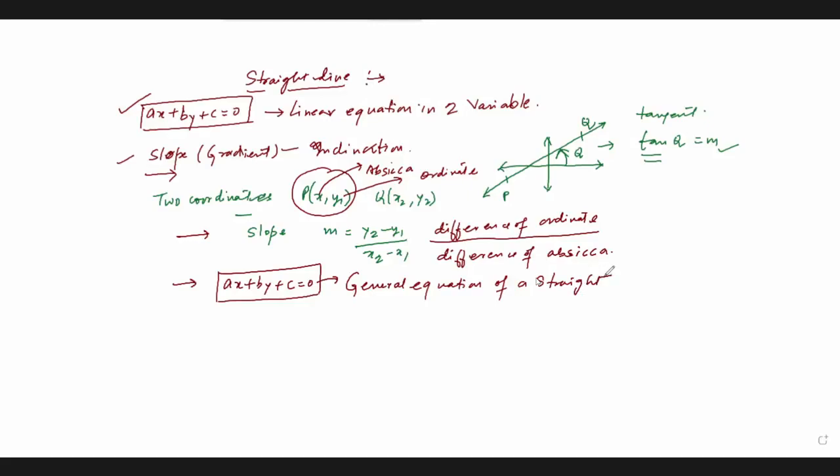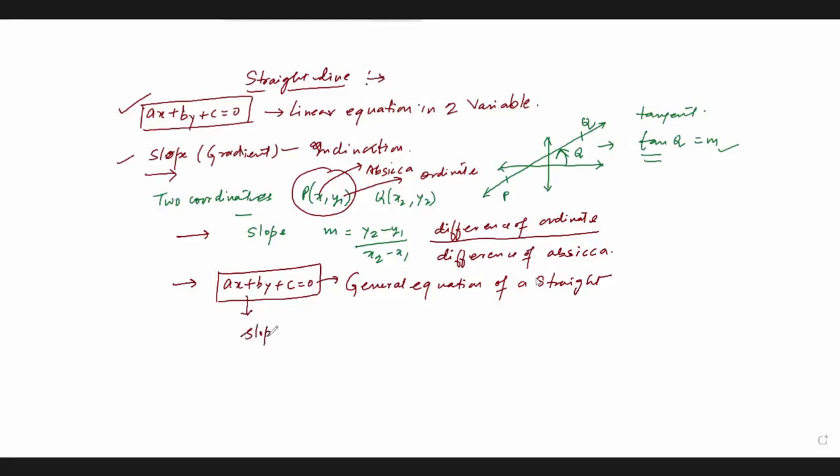So whenever a straight line is given, it is the general equation of a straight line, ax plus by plus c equals 0. If an equation has been given to us, we can find a slope from it.